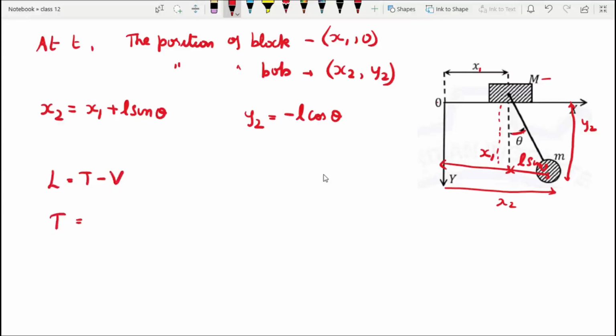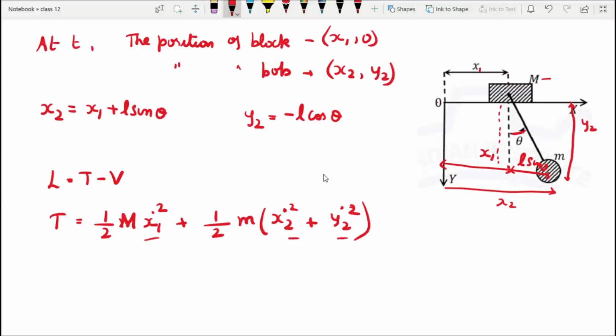Here T is equal to half capital M, the mass of the block, into x1 dot square, plus half the mass of the bob into x2 dot square plus y2 dot square. So we have to find the value of x1 dot, x2 dot and y2 dot.